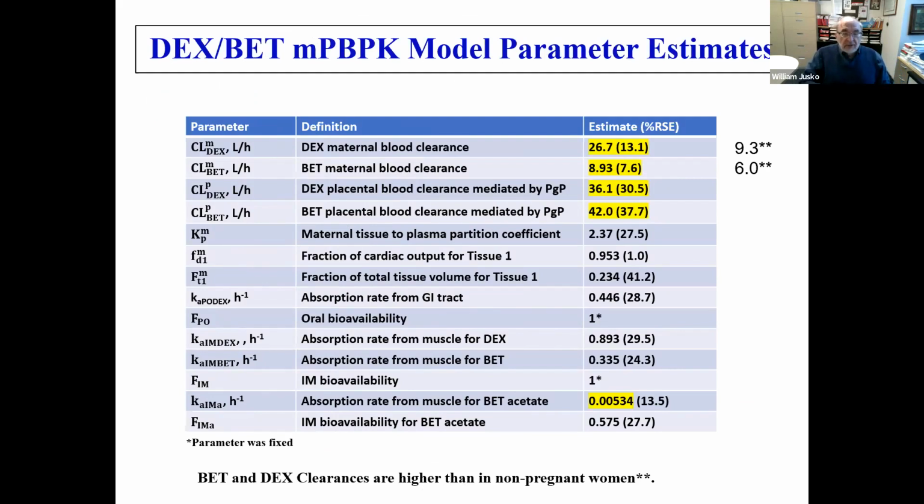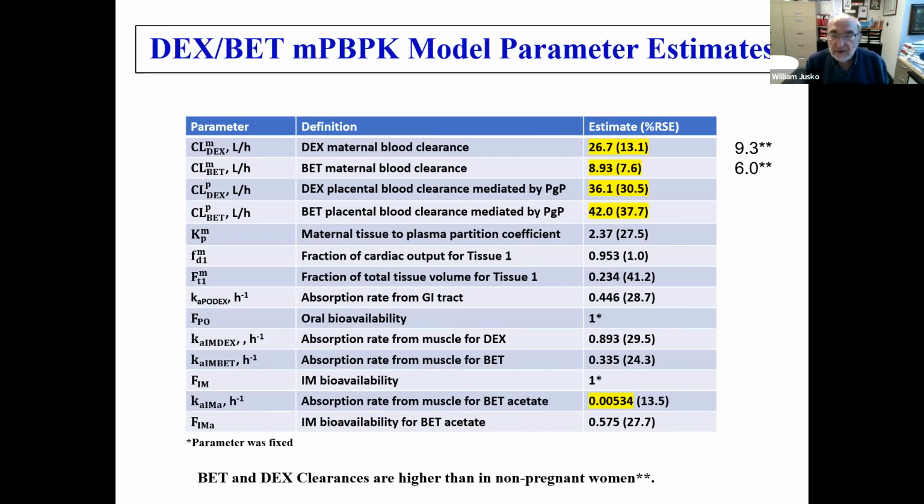So the fitted parameters are in this table. And one can see from the percent RSE, relative standard error, that the statistics of the fitting was quite good.